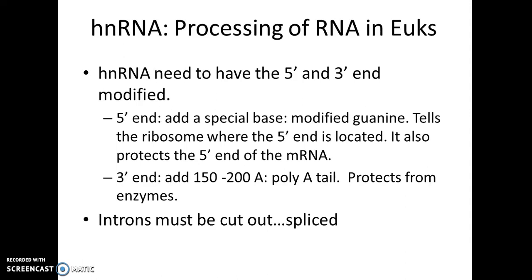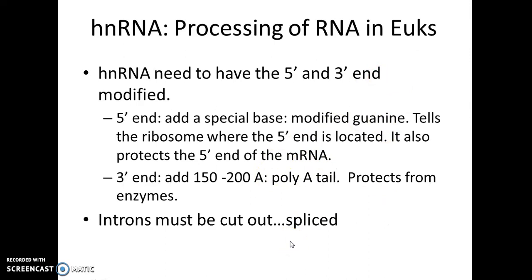On the 3' end, we're going to add a poly-A tail. Poly-A means many adenines bonded together. It's about 150 to 200 adenines that will be added to the end of the hnRNA to make it mRNA. And that helps protect from enzymes in the cell. Now, the special base at the beginning might help the ribosome find the beginning of the mRNA.